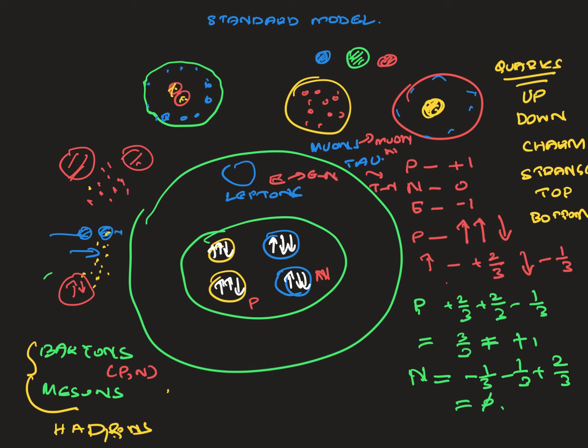So altogether, there are 6 fundamental leptons: the electron, electron neutrino, muon, muon neutrino, tau and tau neutrino. And these 6 leptons and 6 quarks are part of the standard model.